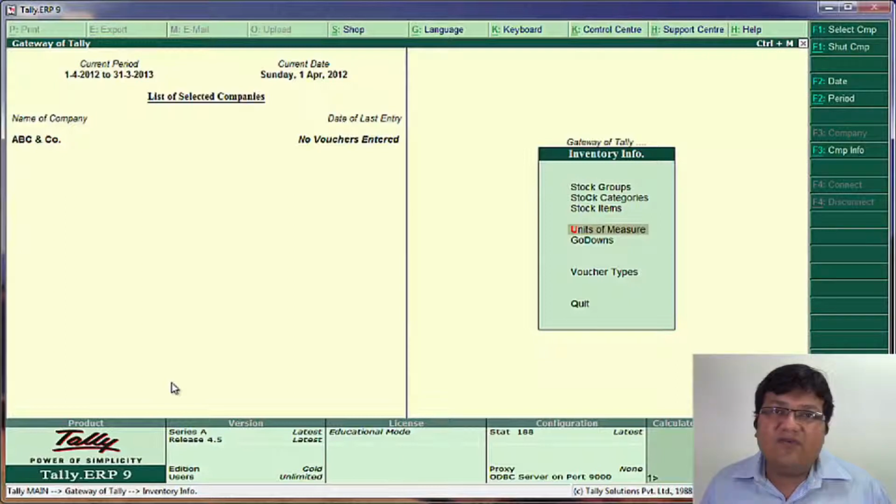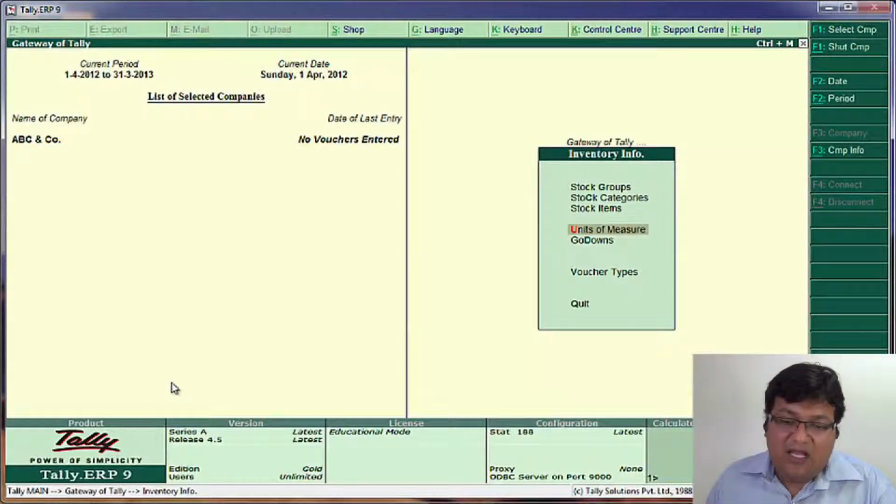So you have different types of units of measurement for different types of stock items. It is dependent on what kind of item it is. Is it in a liquid state? Is it in a solid state? Accordingly, you will have to define a unit of measurement for the item. Now, when you are defining a rate, you will define the rate either per liter, meter, or kg, right? So you will have to define the unit of measurement for each item.